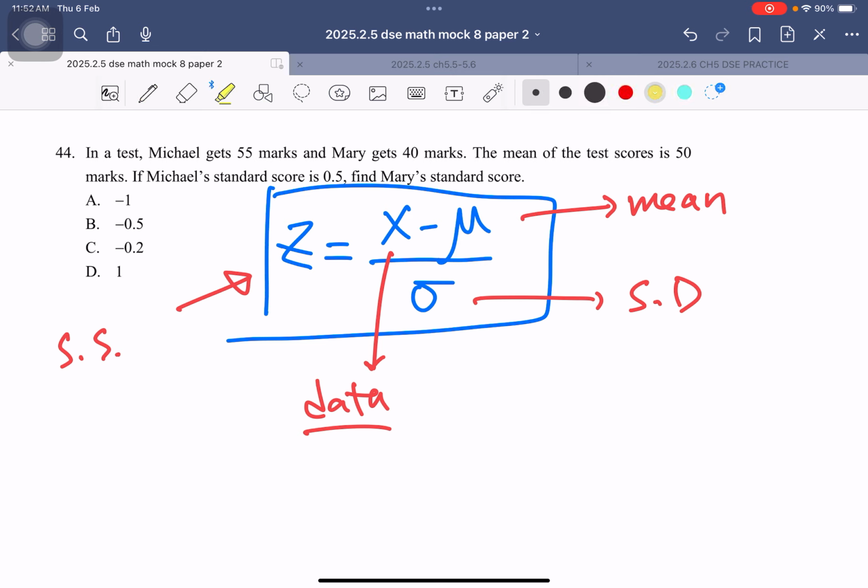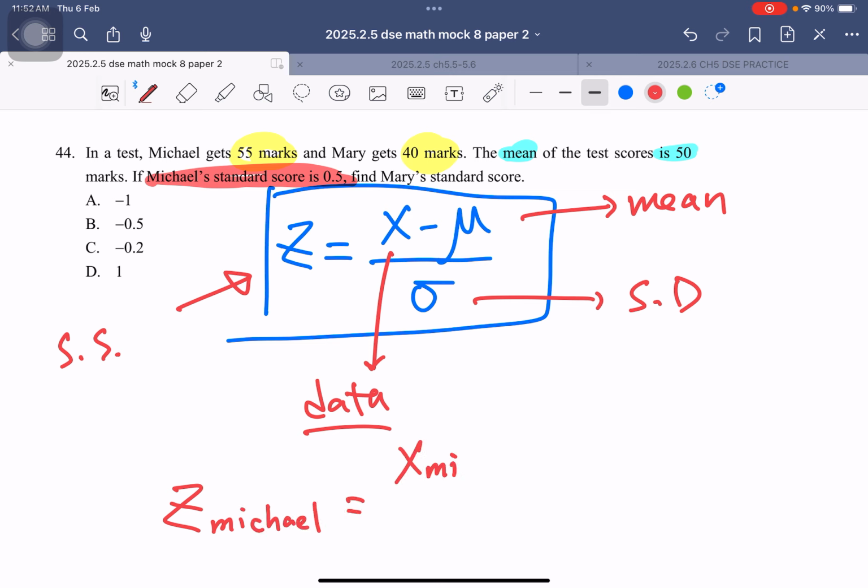Okay? So now you can see Michael got 55 and Mary got 40. The mean is 50, and the standard score of Michael is 0.5. So we can say the Z of Michael is equal to the data of Michael minus the mean, divided by sigma, isn't it?